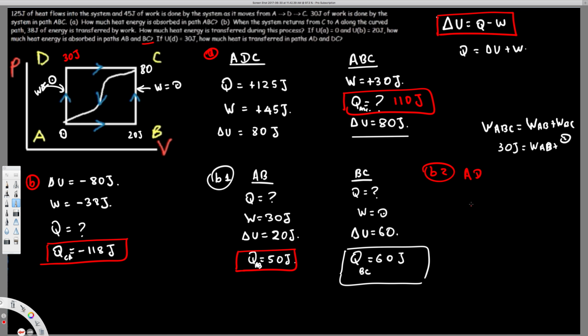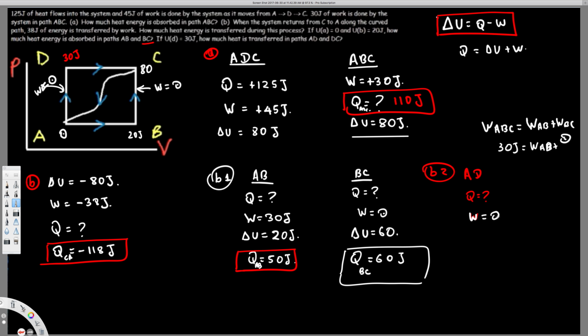Here also we are trying to find the Q. We need to know W and delta U. So here, do we have the W? A to D, we know that's 0 because this is a vertical line. Whenever we have a vertical line in a PV diagram, that's always 0. So here work is equal to 0.